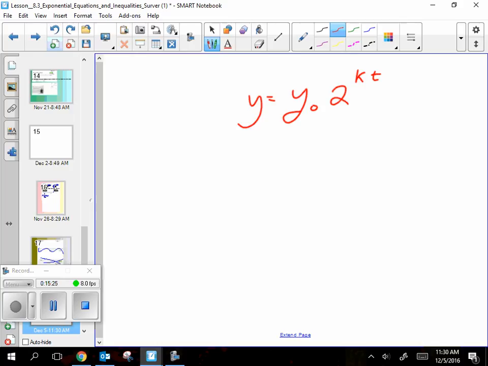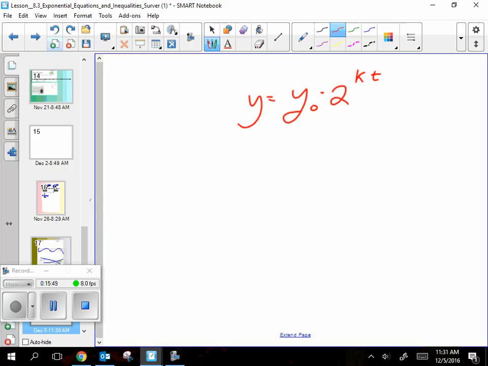Write this one down. Y equals y sub 0 times 2 to the power of kt. Write it. Staring at it won't help. All right, now, anybody want to guess where the starting amount goes for an exponential like this?